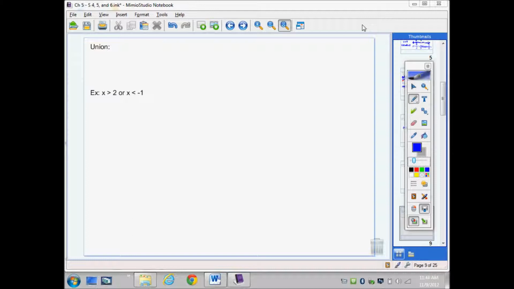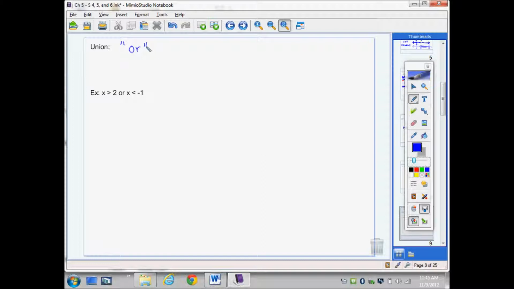Okay, a union occurs when you have the word or. And is an intersection. It's only the parts that overlap. If you think about a union in the world, unions occur when states get together and form a country. We have a union. Or when two people get married, that's a union. Unions unite things, put them together.